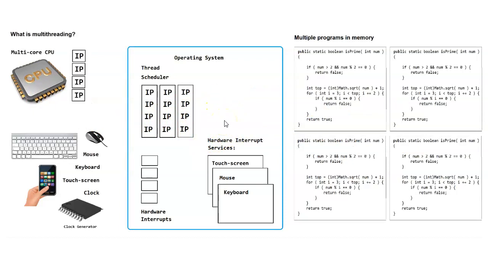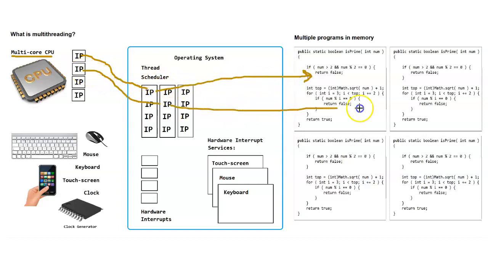A modern CPU is multi-core, meaning that internally it has multiple instruction pointers that can truly run in parallel. Right, so we have those multiple cores that can truly execute these programs in parallel.